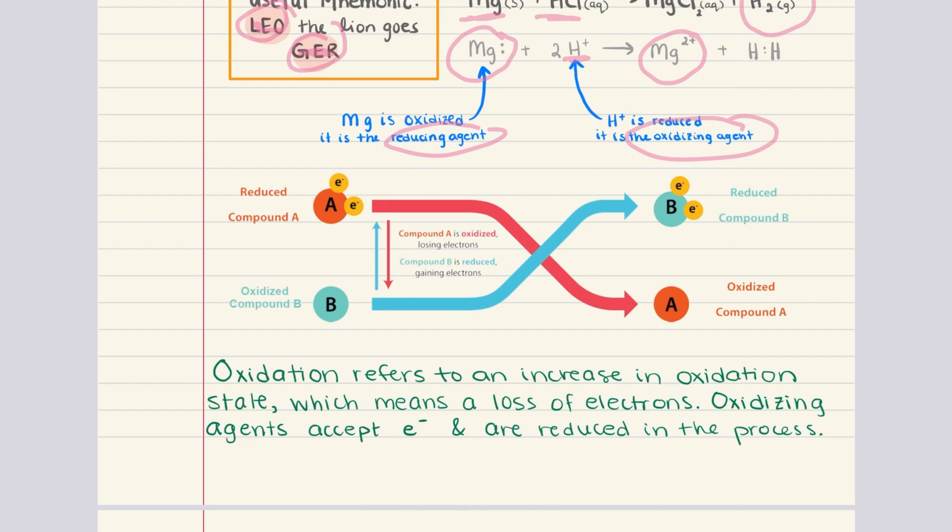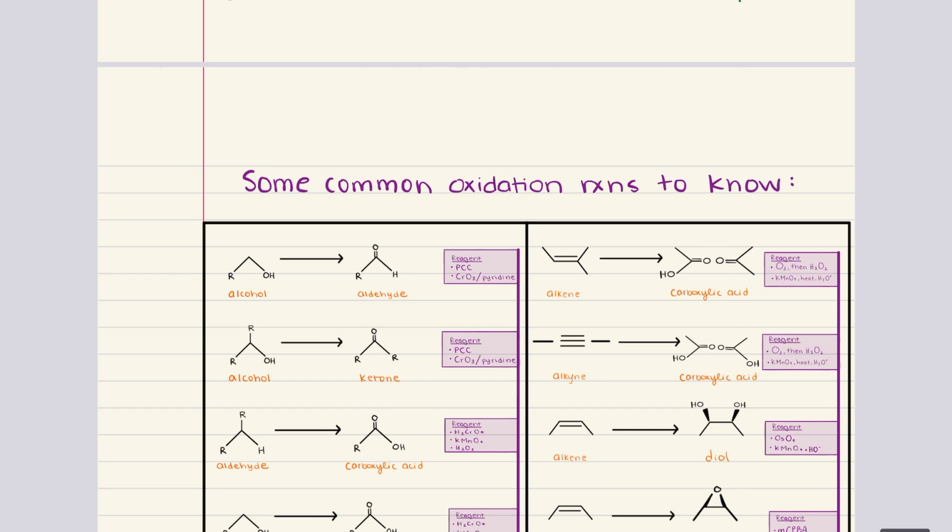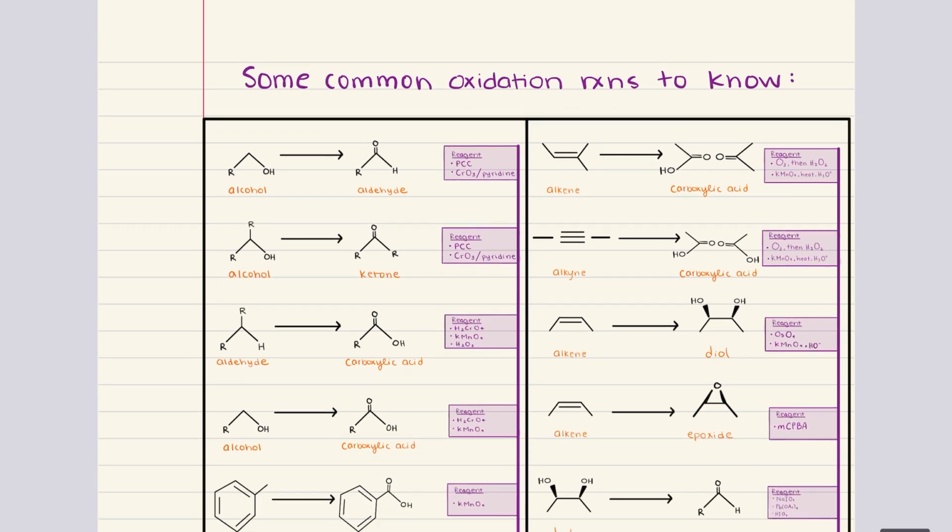On the other hand, for organic chemistry, oxidation can be recognized as an increase in the number of bonds to oxygen or other electronegative atoms, often accompanied by the loss of hydrogen atoms, while reduction typically involves a decrease in bonds to electronegative atoms and an increase in hydrogen content. With that being said, let's go through some common oxidation reactions that are important to know for the MCAT.